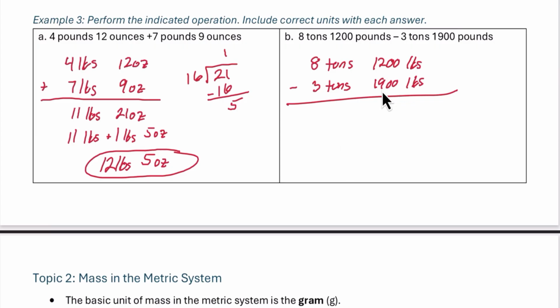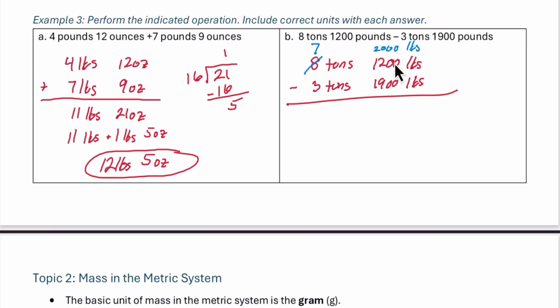We can't take 1,900 away from 1,200, so we need to borrow from the tons. So that will become 7 tons, and when we borrow 1 ton, we're actually borrowing 2,000 pounds, because 2,000 pounds is 1 ton. Now if we add these two, this is 3,200 pounds.